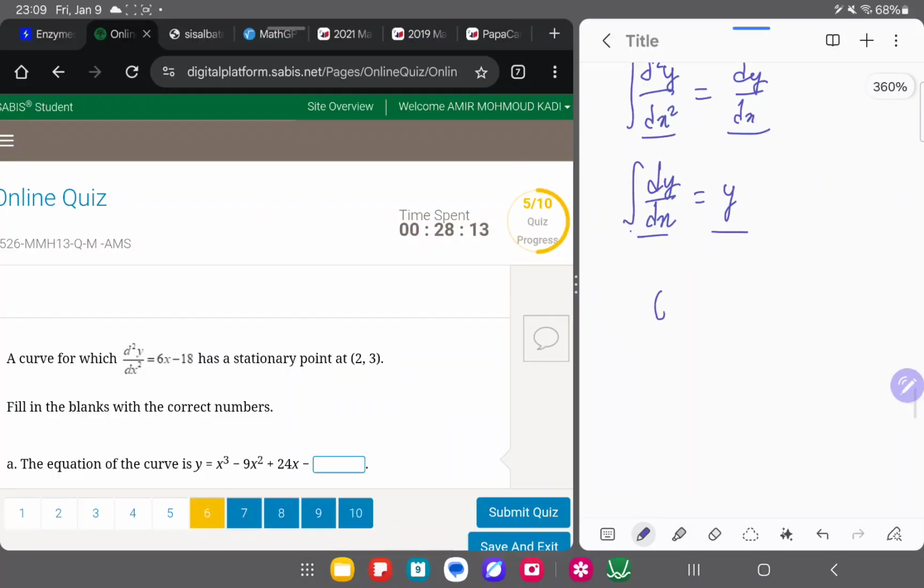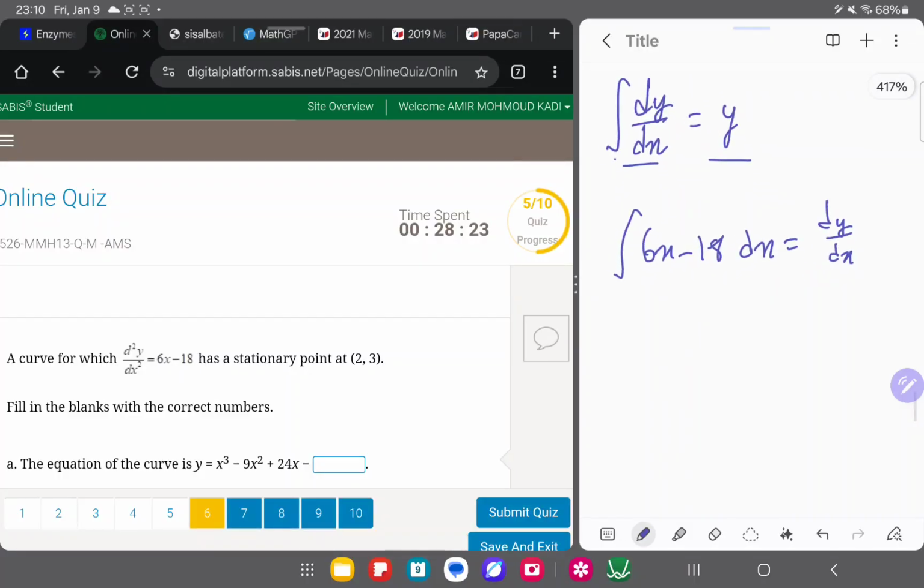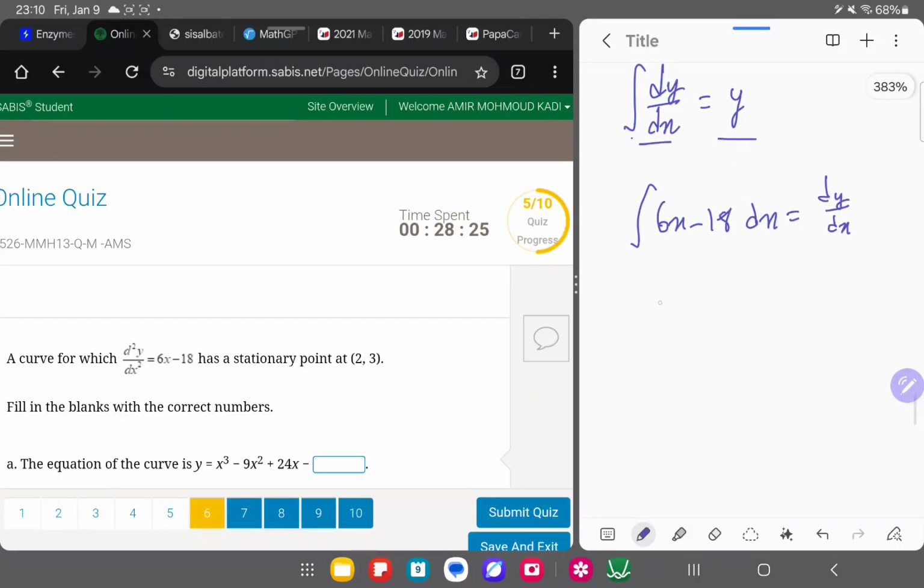So we have 6x minus 18, integrated with respect to x to get dy over dx. I'll get 3x squared minus 18x plus c.